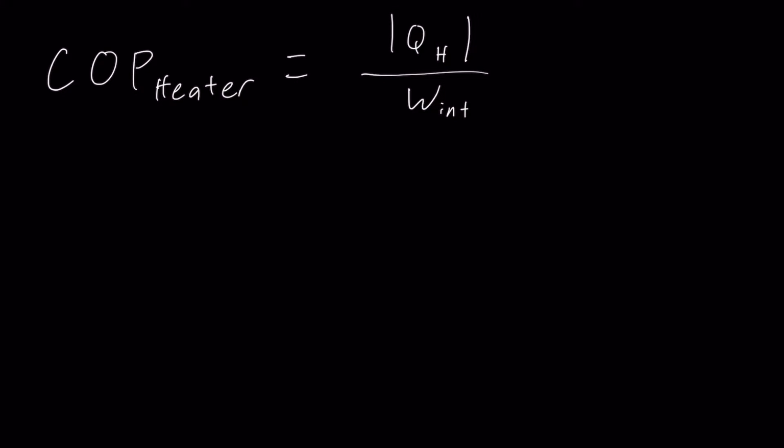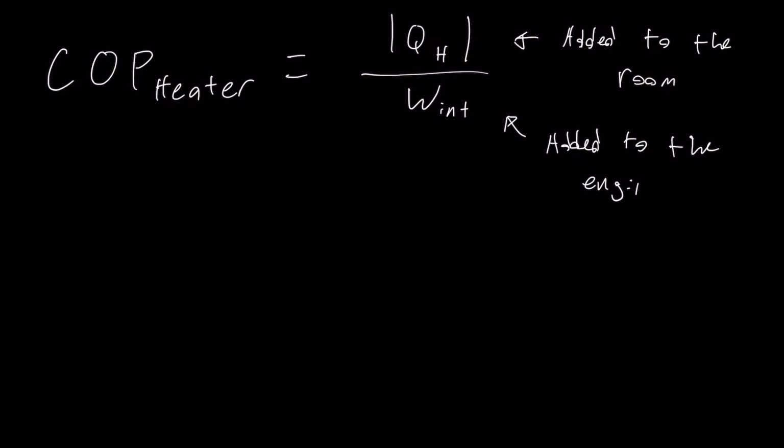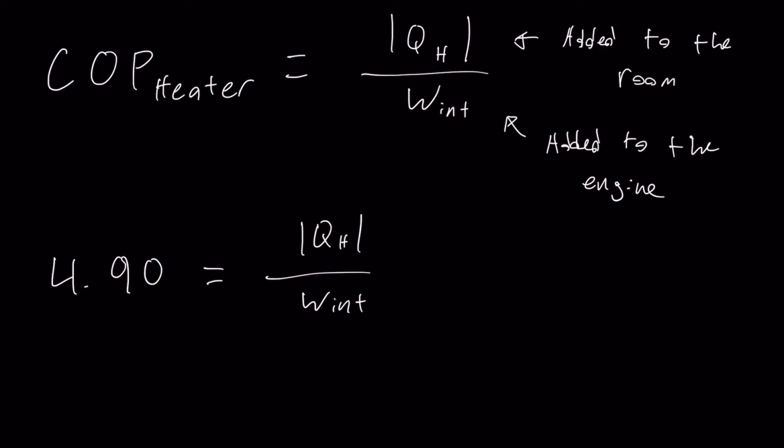So what this means is this heat up here is how much is added to the room that we're heating, and this is how much energy or work we added to the engine to produce the amount of heat in the room, right? So what we're saying is 4.90 equals the amount of energy added to the room over the amount of energy entered into the engine.